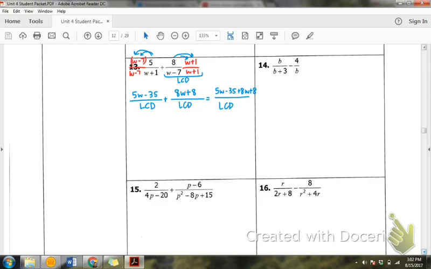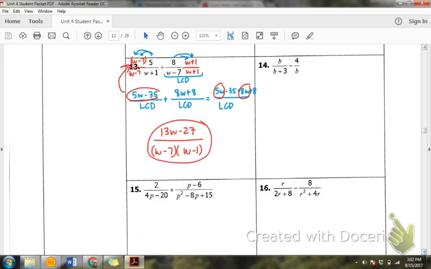Is it okay if I skip that step and just put them all together? Because it takes up space. Because there's nothing more you can do with 13W minus 27, our problem is finished. So now we're going to write our W minus 7 and W plus 1. So not always will something cancel out.